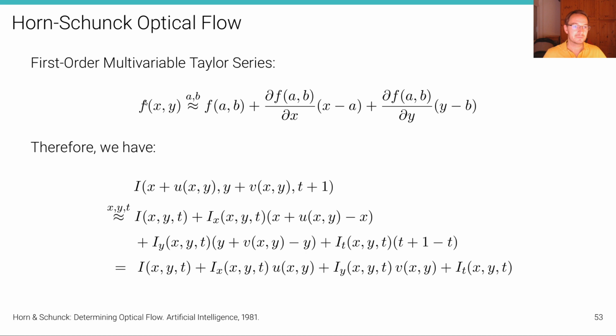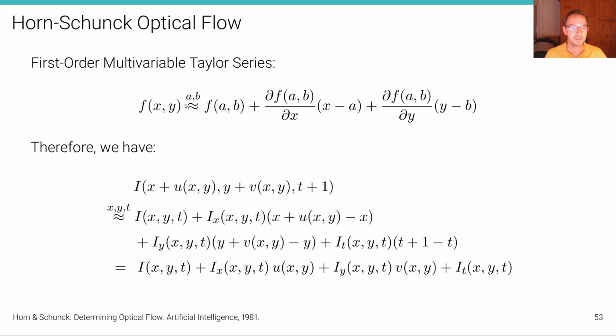So how can we linearize? Let's consider the first order multivariable Taylor series. This is something that you probably still know from many years back. We can write a function as a first order approximation as this Taylor series, where we have removed all the higher order elements.